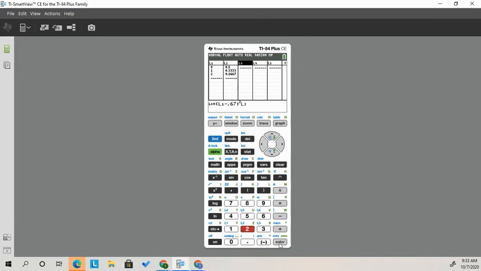It'll automatically multiply it times list 2. Now we're going to add that together, quit out, and pull up that list 3. There's your variance, and then your standard deviation. Call up your last answer, and you're ready to go.